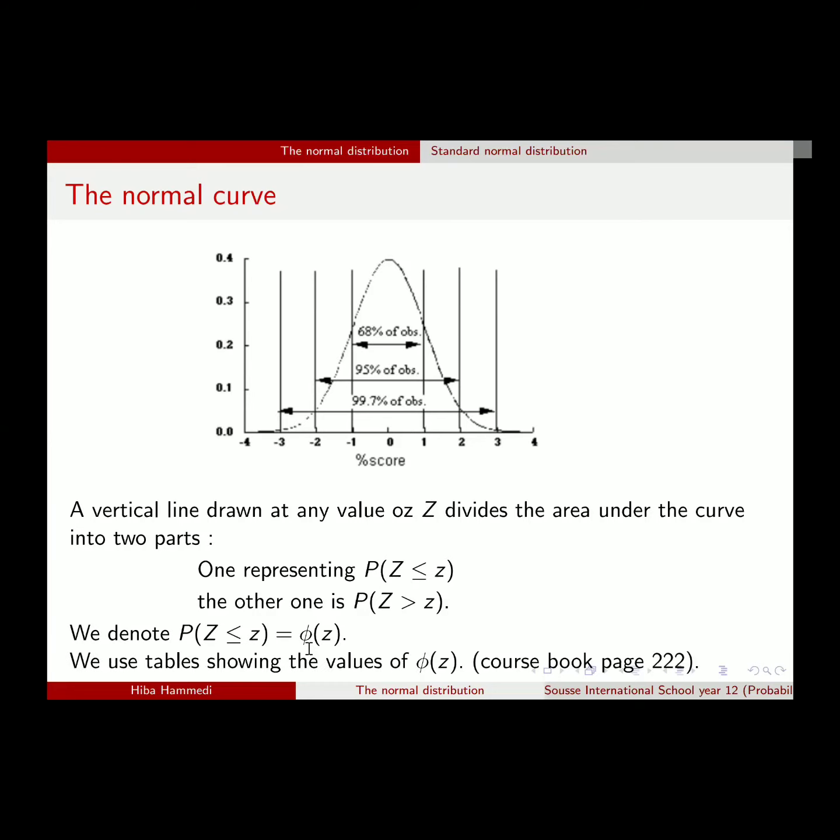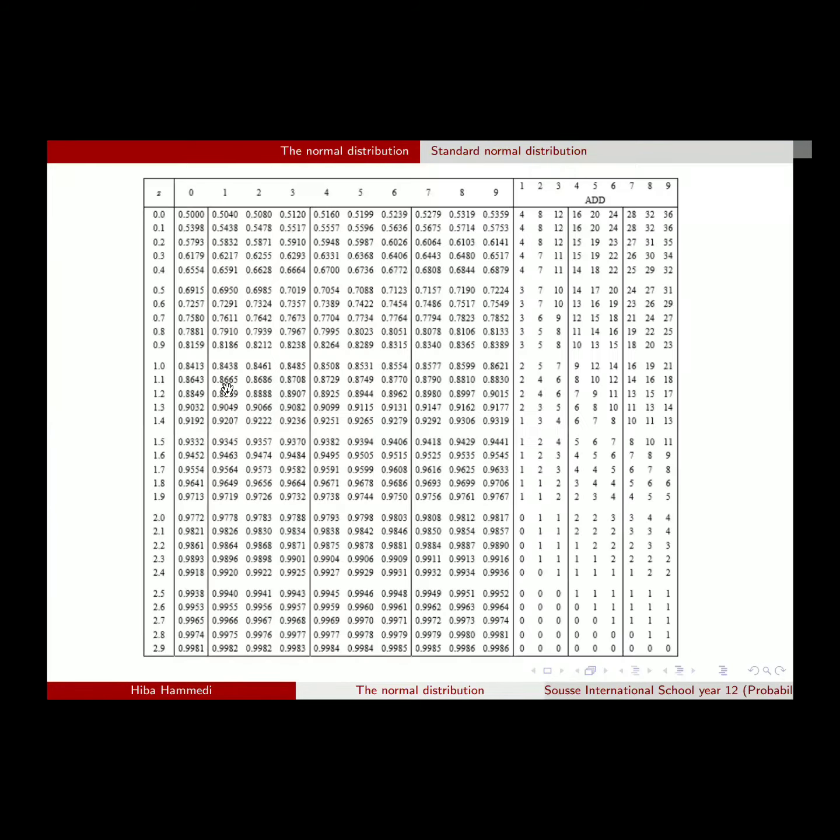And to get these probabilities, we are going to use tables that show the values for phi. Those tables are pre-made by scientists, so don't worry about calculating the area or the integral of that function. You may look at your books, page 222. This is what you will see.